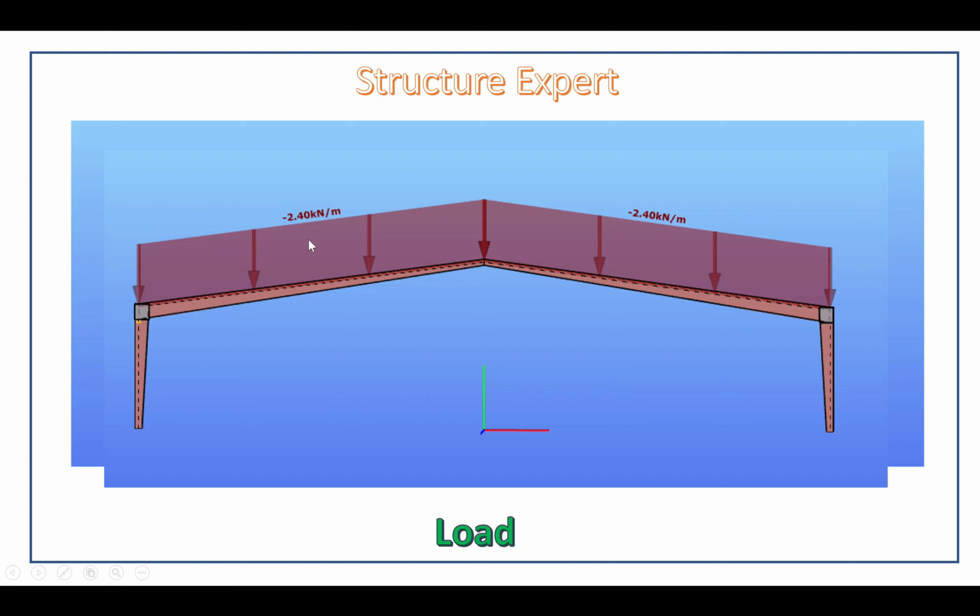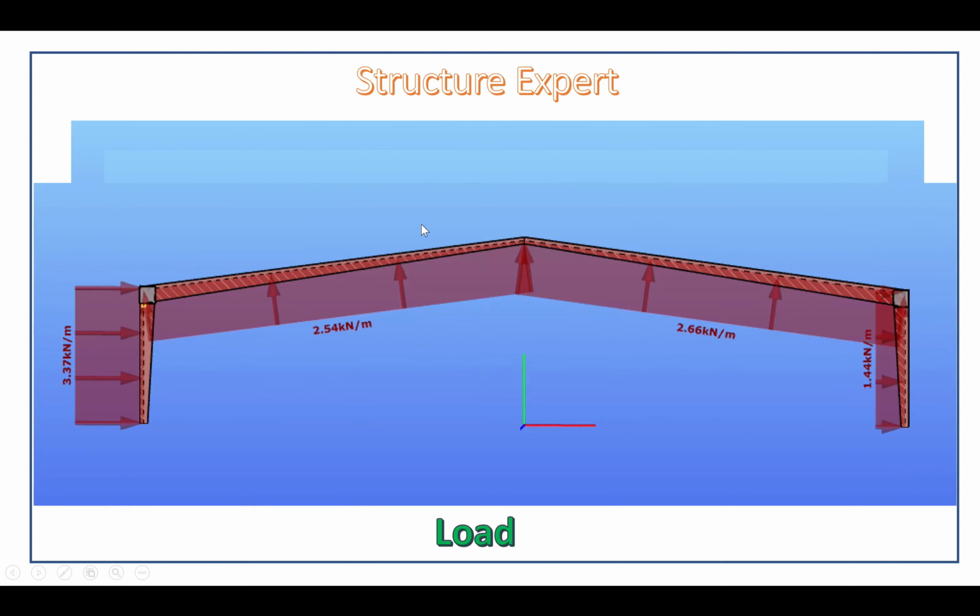We use 0.4 kilonewton per square meter for the live load on roofs, and the bay width is 6 meters, so you multiply 0.4 by 6 meters to get this value.